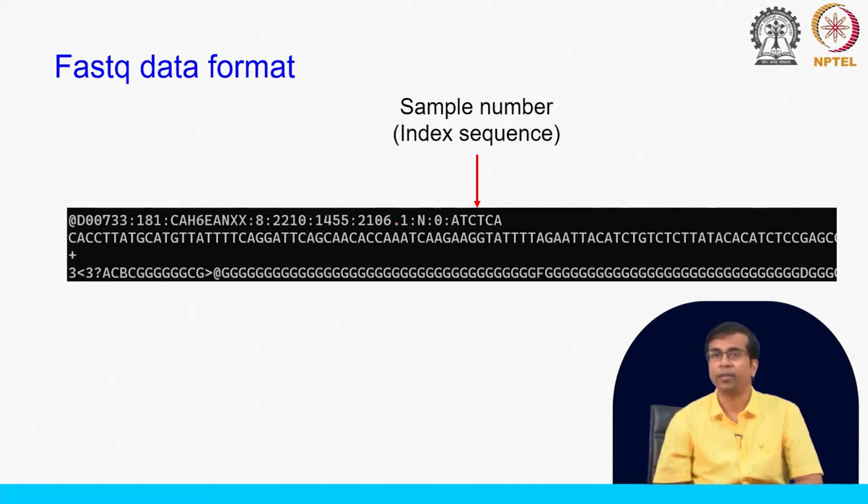You remember the index sequence is there when you add the adapters. During adapter ligation you can add index sequences, which allow you to put multiple samples in one experiment, which we call sample multiplexing. So this gives you the index sequence.